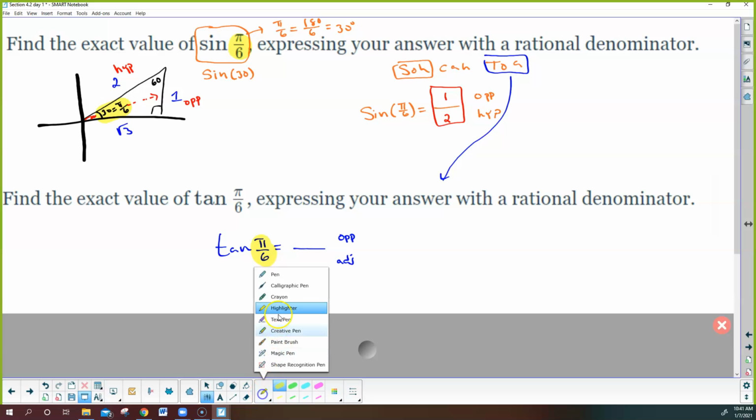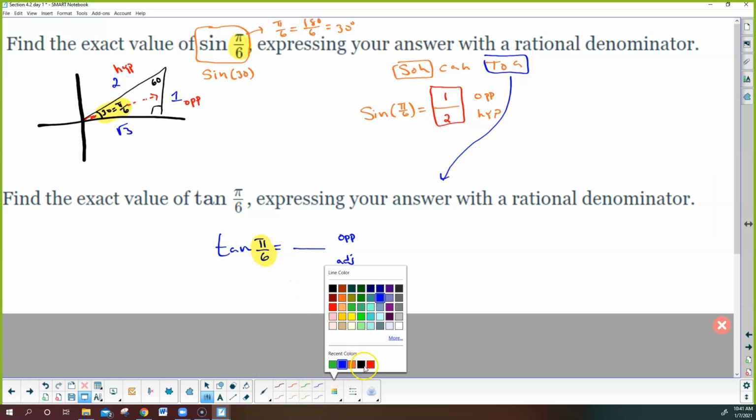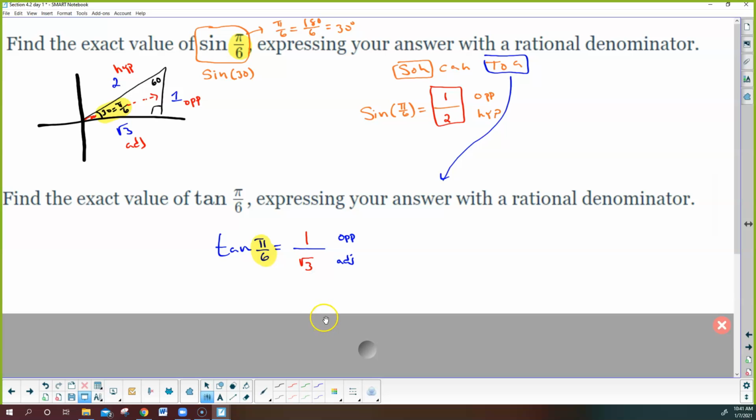I just need to pick the opposite side, which is 1, over the adjacent side. So opposite over adjacent, but we don't like that answer. So if I multiply the bottom and top by square root 3, I end up with square root 3 over 3 as my answer. And all of that just came from knowing this right triangle.